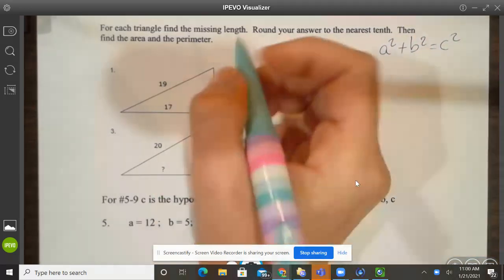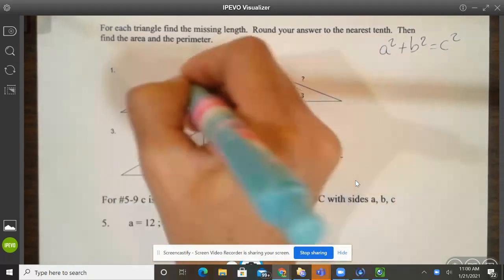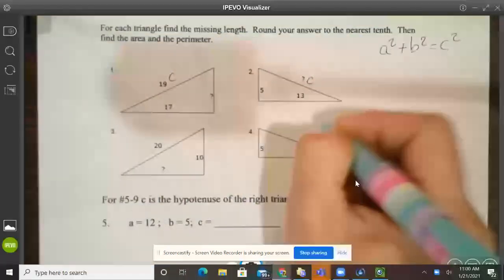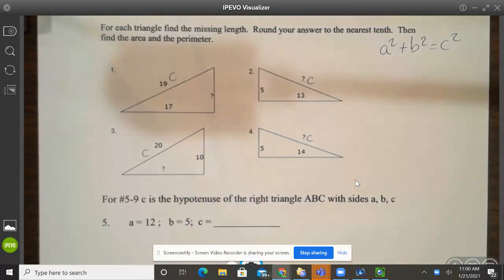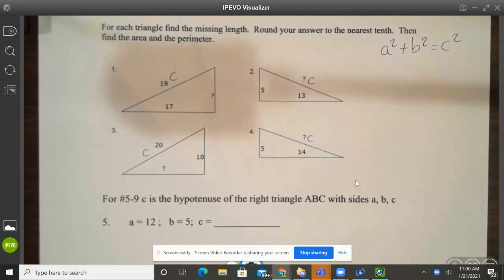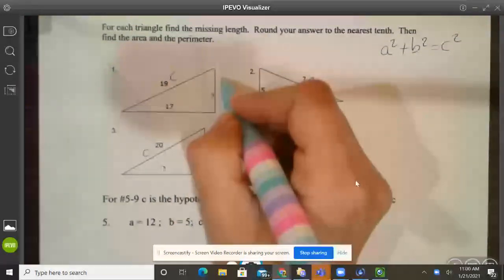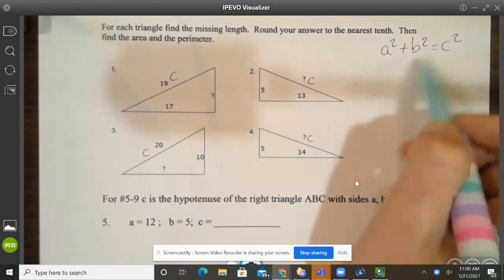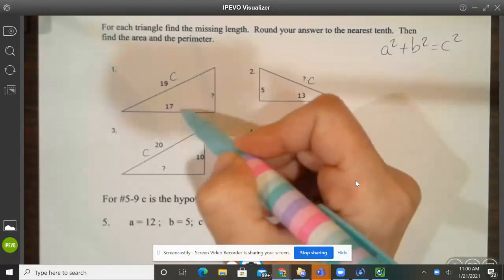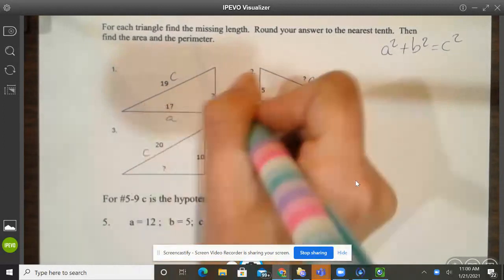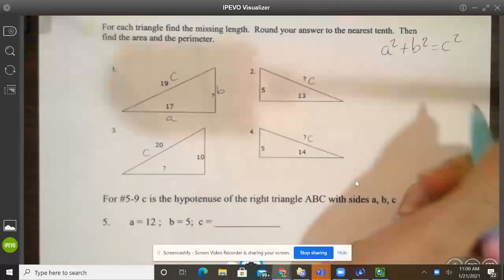So this is c squared, so you always have to analyze and look which one is the longest side of the right triangle, and then which one am I looking for. These two can be either or, because addition doesn't matter where you put the numbers, right? In the formula, this is A, this is B, and this is C.